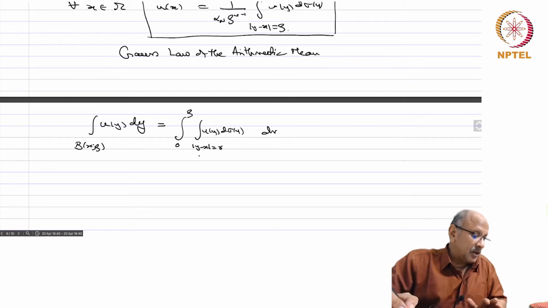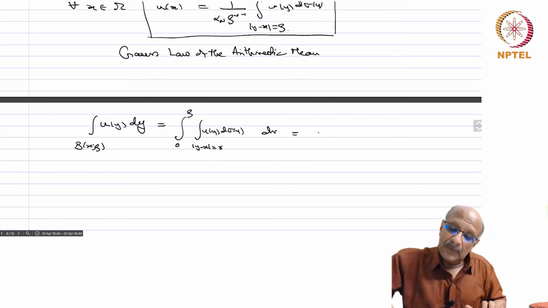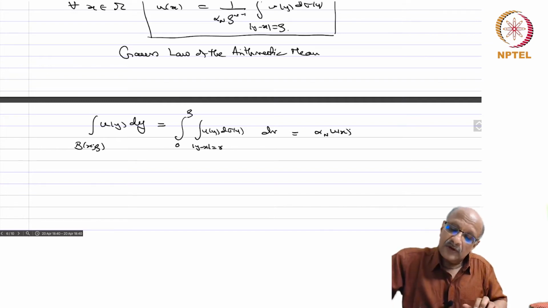This is just polar coordinates, but now because of the mean value property, the inner integral is nothing but alpha_n u(x), which will come out as a constant, times the integral from 0 to rho of r^(n-1) dr by dagger.